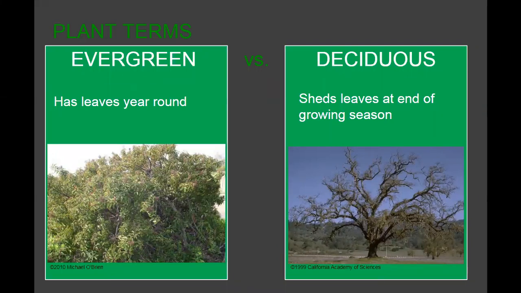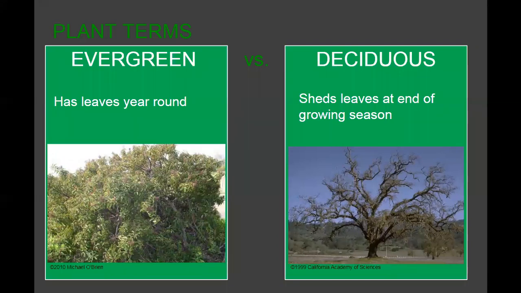Just because of our amazing Mediterranean climate, we can grow plants year-round from not only the Mediterranean, but tropical and subtropical climates, and most plants thrive here. So we really don't get a lot of those fall colors, and we don't get plants that shed their leaves. So an evergreen is just a plant that is pretty much green and has its leaves throughout the year.